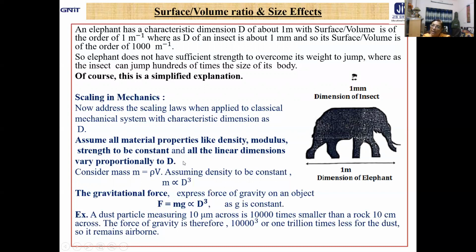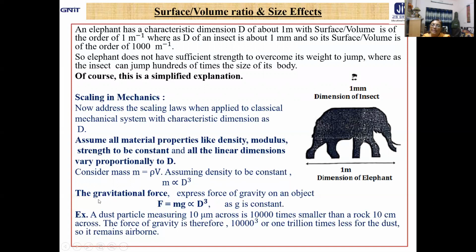Now come to the case of mass. I mentioned that it is volume into density. Now density is considered to be constant, so mass is proportional to volume, that is d cubed.